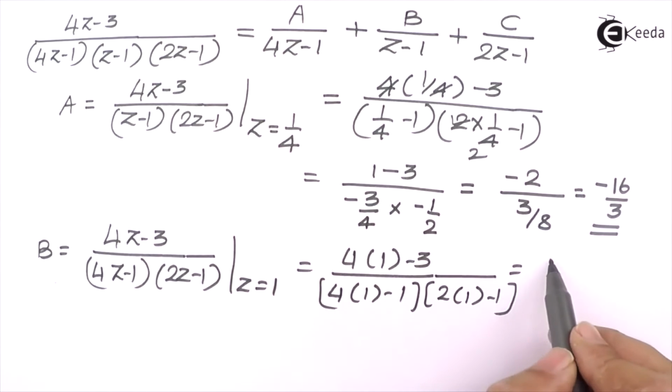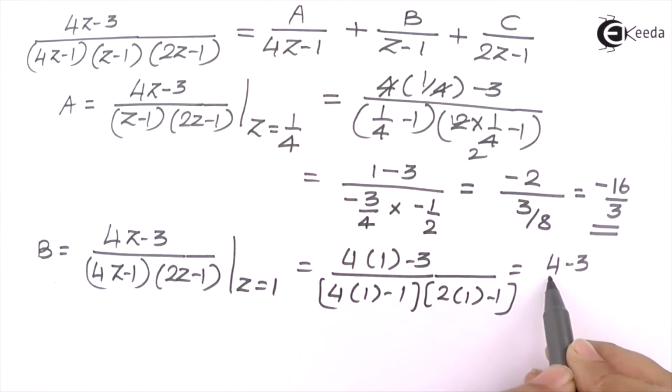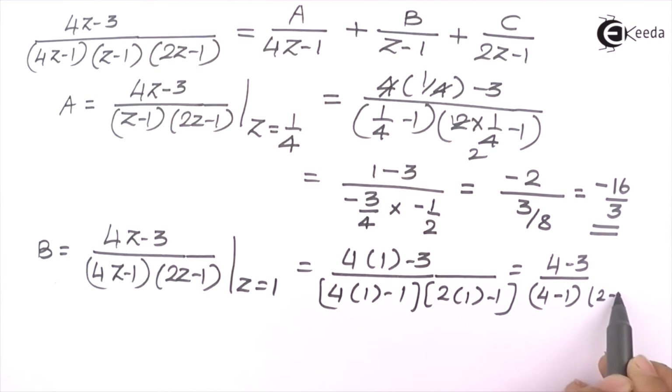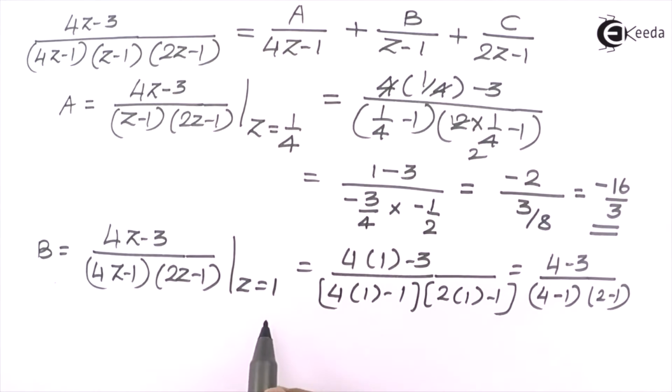So what I will get over here, (4 - 3) upon (4 - 1)(2 - 1). So in the end I will get B as 1 upon 3 into 1. So it's 1/3.